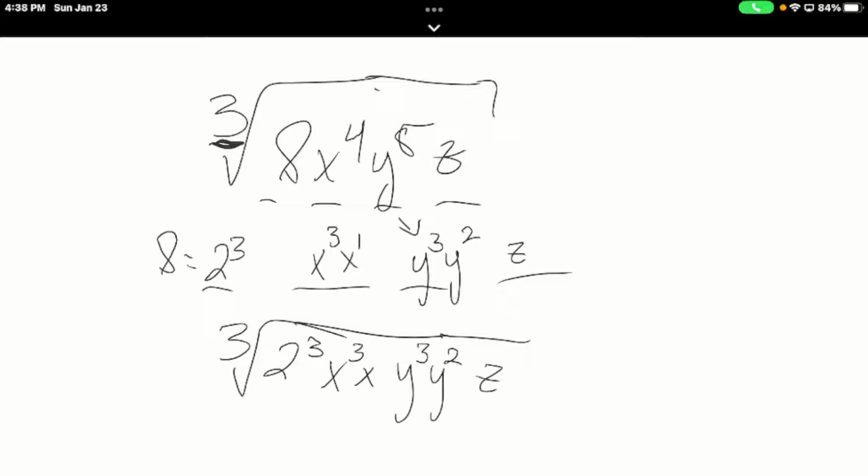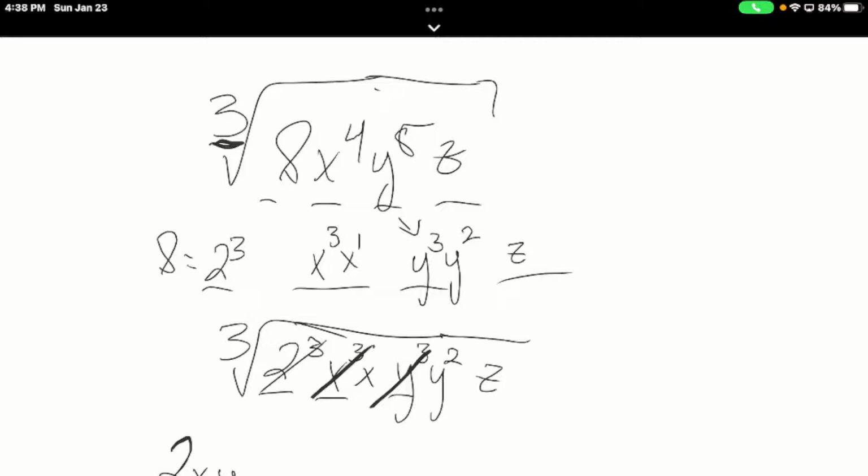Okay? Anything that has a power of 3 gets pulled out. Okay? So in a sense, what I'm doing is I'm looking through and seeing which ones have powers of 3, and I'm going to write them on the outside. Okay? When I write them, I'm going to cancel them out. Okay? I'm taking the cubed root of those.